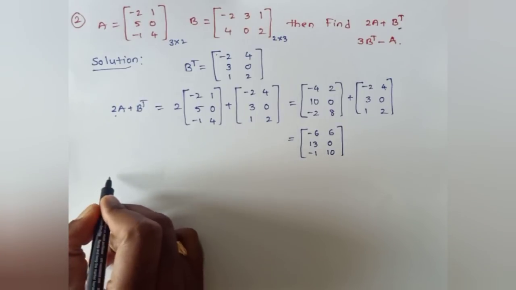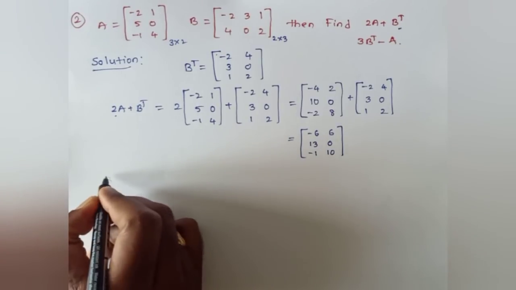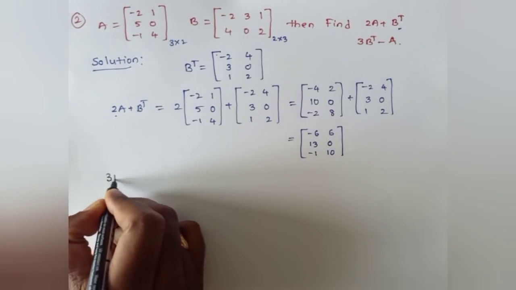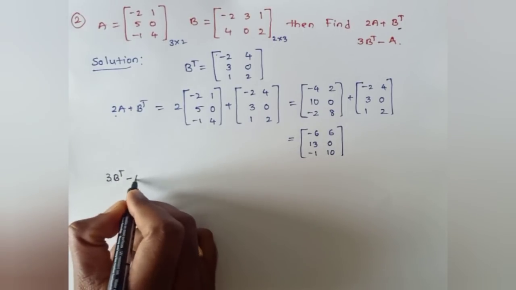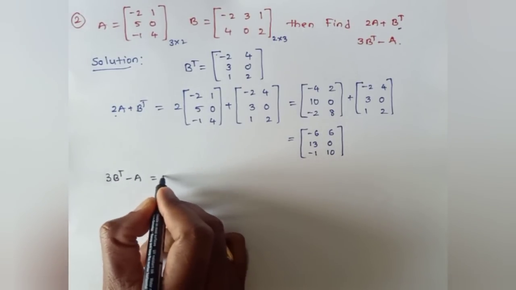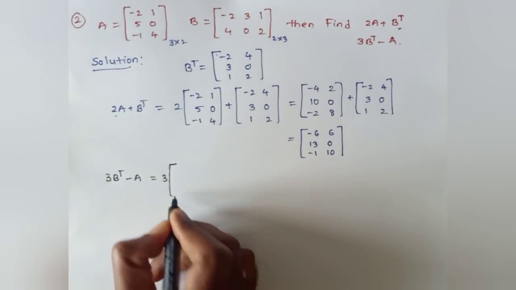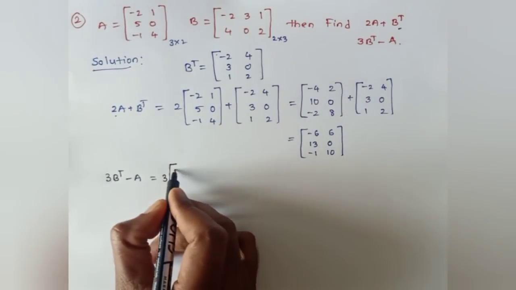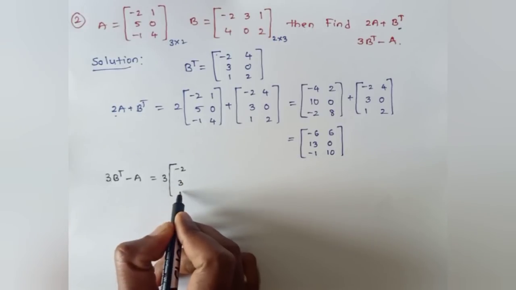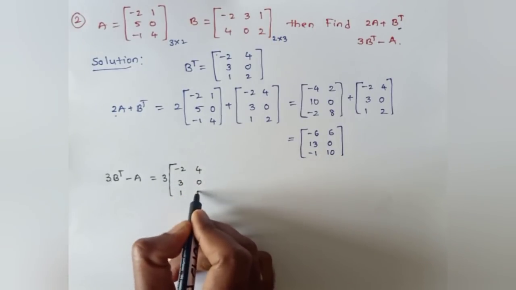Next, the second one, 3 into (B transpose minus A). Now we have the B transpose matrix, that is B transpose is this one: minus 2, 3, 1, 4, 0, 2.